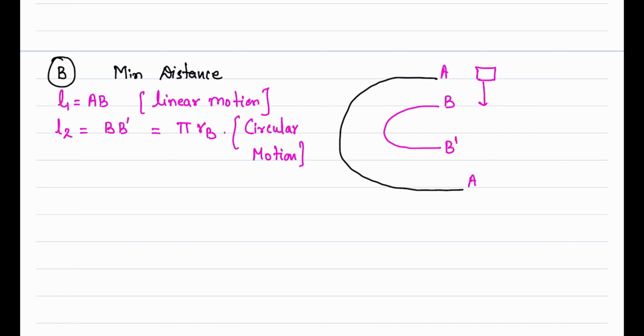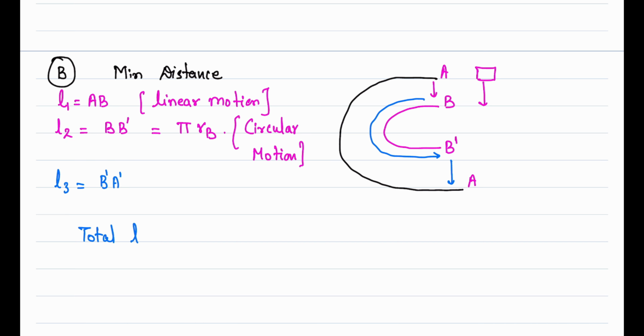Okay, then where I need to go? See, first I move A to B, then B to B dash, then B dash to A dash. So the third part is L3, B dash to A dash. Yes or no? So can I say we have the three lengths? So what should be the total length?